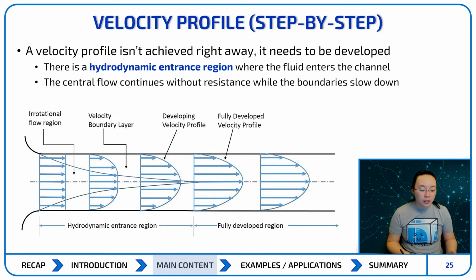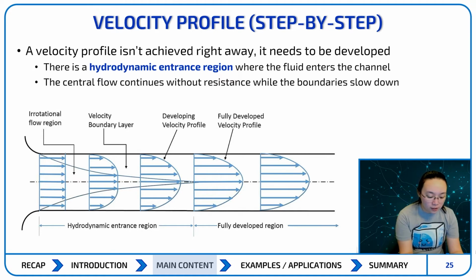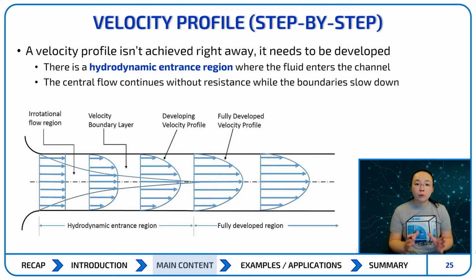After it enters the channel, the effect of surface friction is going to slow down the fluid flow on the edges of the wall. Then this effect slowly grows until you get a fully developed velocity profile that will remain the same for the rest of the cylindrical tube until it changes shape again.